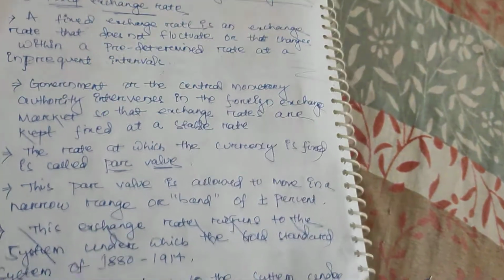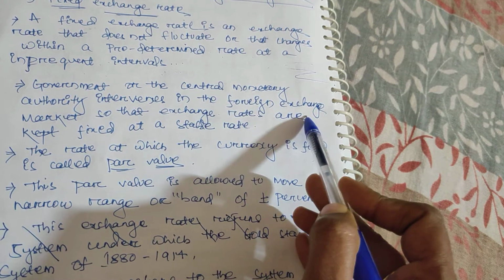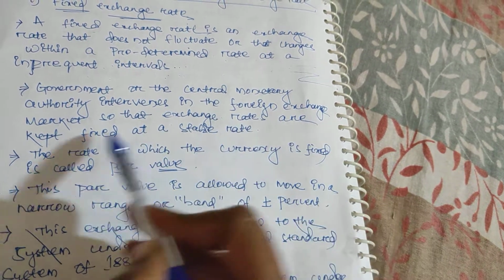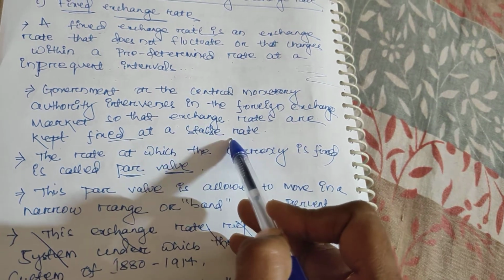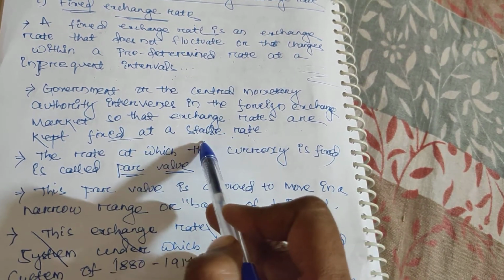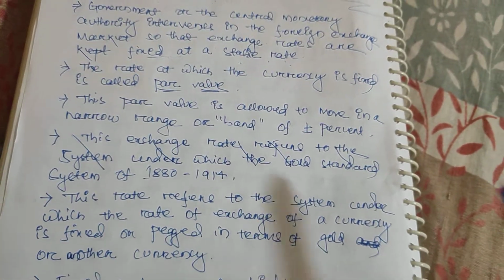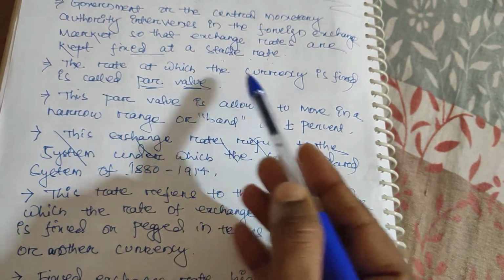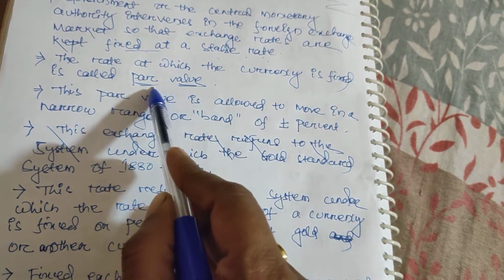Next, the government or the central monetary authority intervenes in the foreign exchange market so that the exchange rate is kept fixed at a stable rate. It is very necessary for the exchange rate to be stable, which means transactions will be in a better, more trustable manner. The rate at which the currency is fixed is called the par value. Remember, it's an important question.